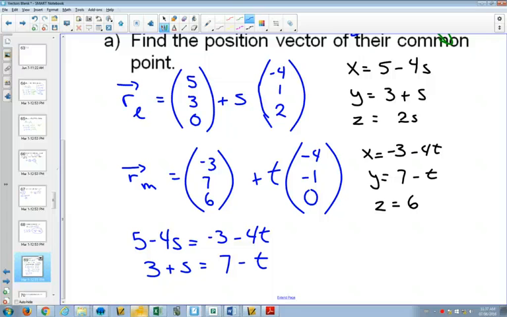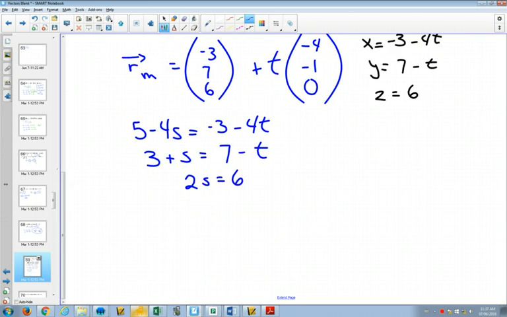But be careful, because even though you might be really excited to solve for s and t already, it's worthwhile to equate all three equations, because when we equate our z coordinates, it makes an equation with only one unknown. So from this one, you can find out right away that s is equal to 3.